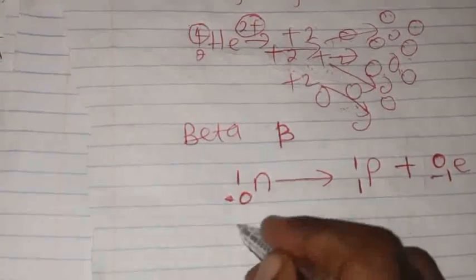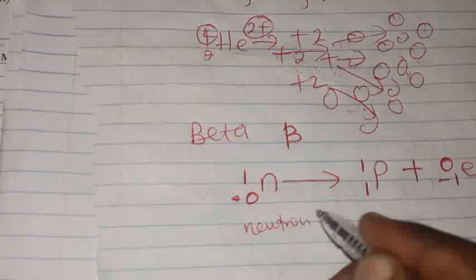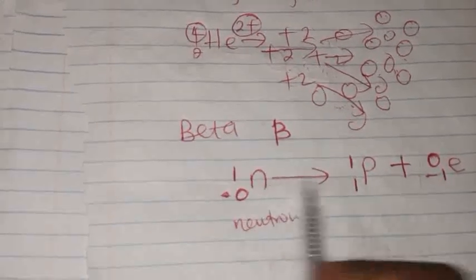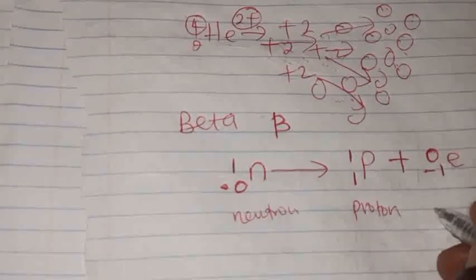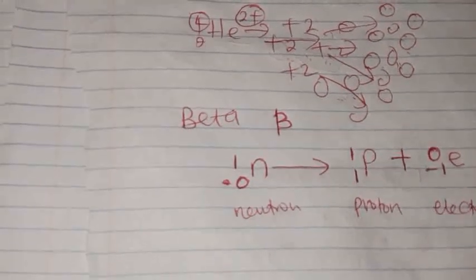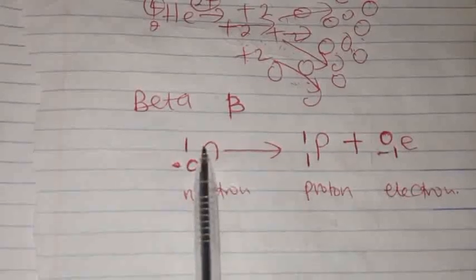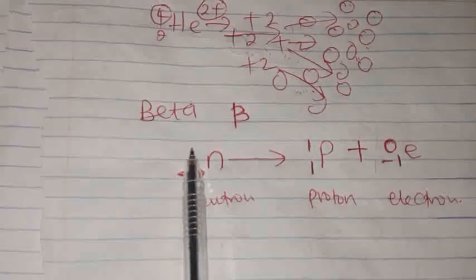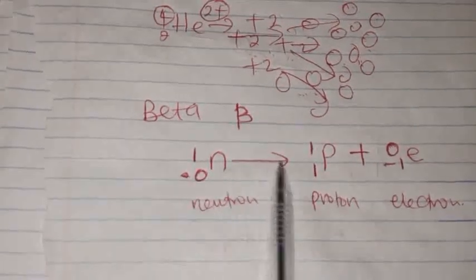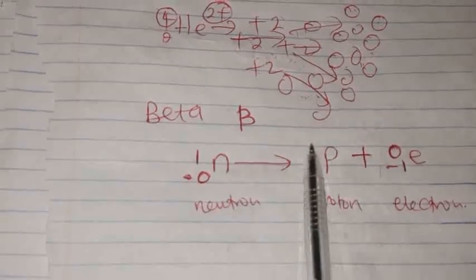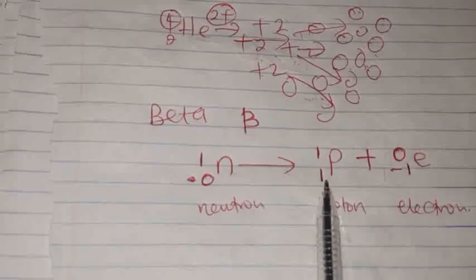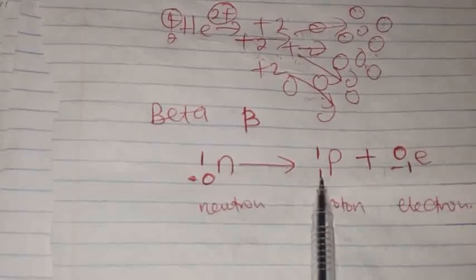So this is a neutron from the nucleus getting split to form a proton again within the nucleus, and also an electron is released. So a neutron with a mass number of 1 and no atomic number is getting split. On getting split, it forms a proton with a mass number of 1 and the proton number is given as 1.